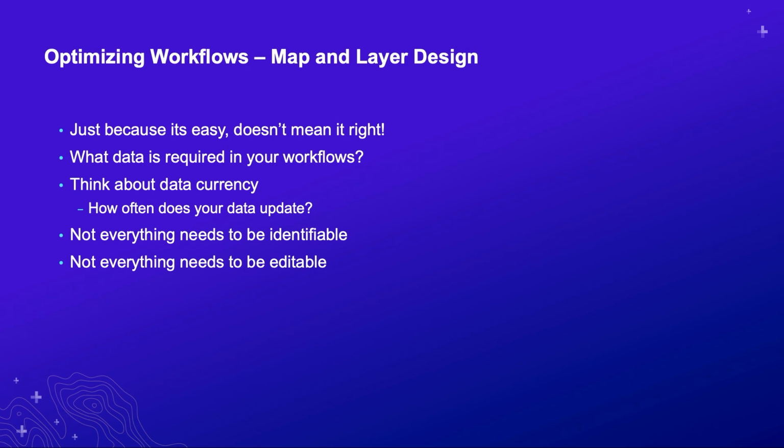The other thing that you can do is think about what needs to be a feature layer. Because a feature layer allows you to edit the content, it allows you to select the features, it allows you to identify the features. But not everything needs to be identifiable or editable.